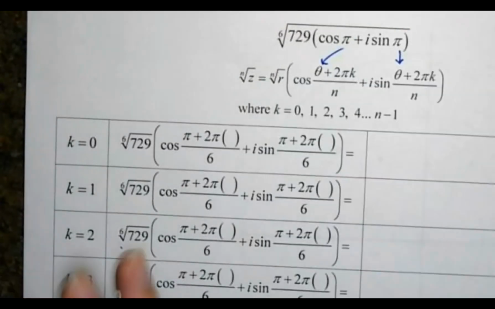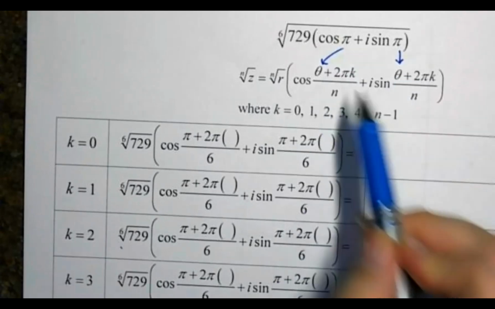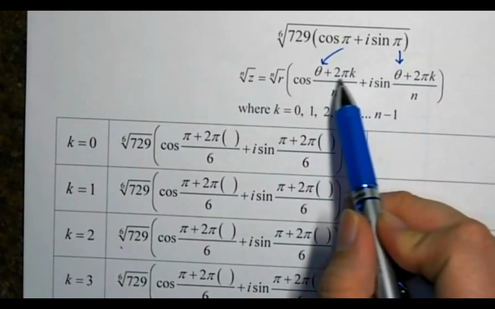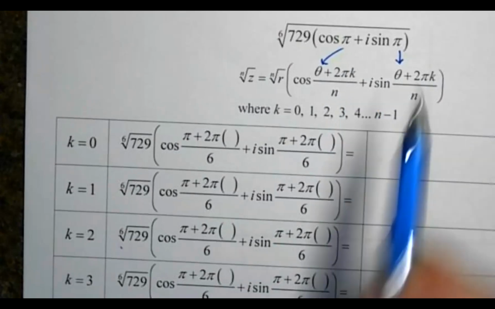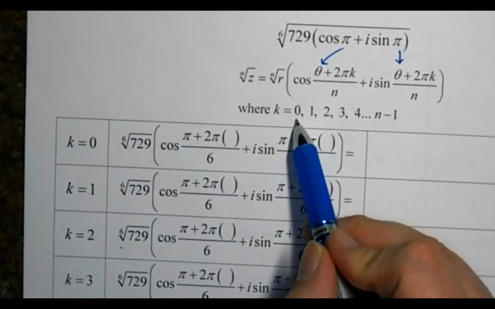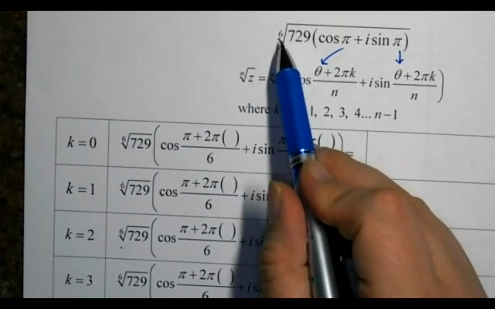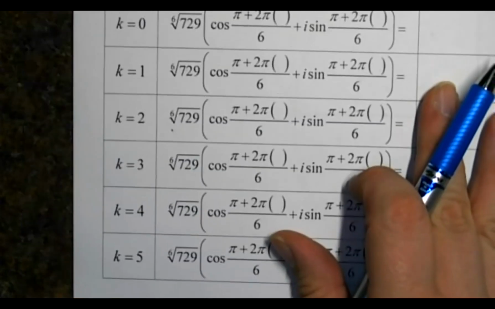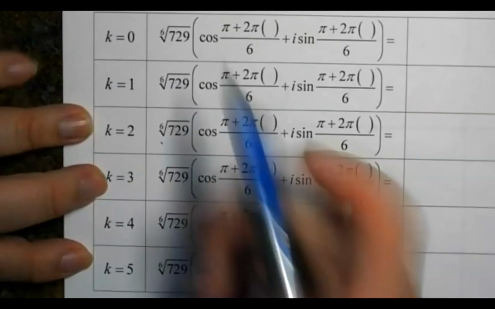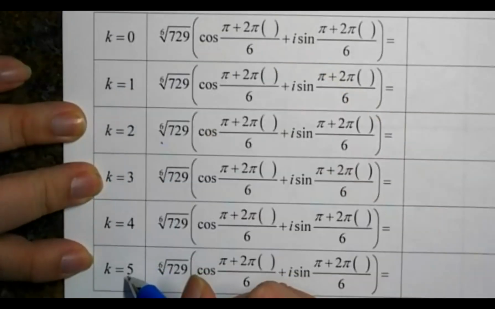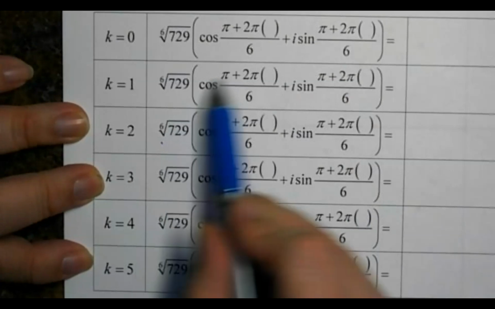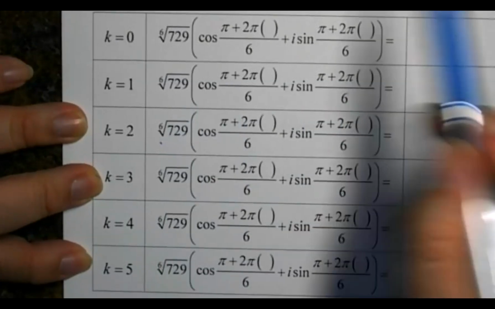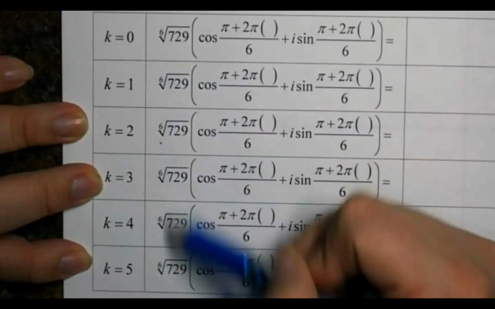Whatever the angle of the complex number was, that's theta. And 2 pi k. K, we're going to start at 0. And because we're finding sixth root, we're going to go until we hit 5. So as you can see, I filled this formula out. Here's the sixth root of r.